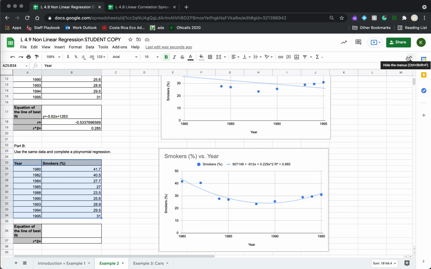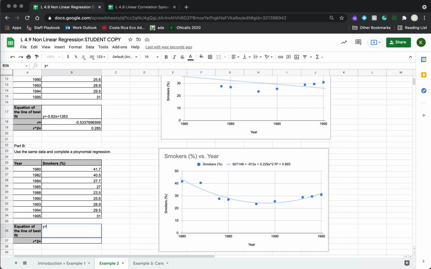Now immediately you can see a way better fit to this data. Right away we can see that the curve is going through far more points, a much, much stronger trend line. So let's fill in our chart, our equation of our line of best fit, or curve of best fit.